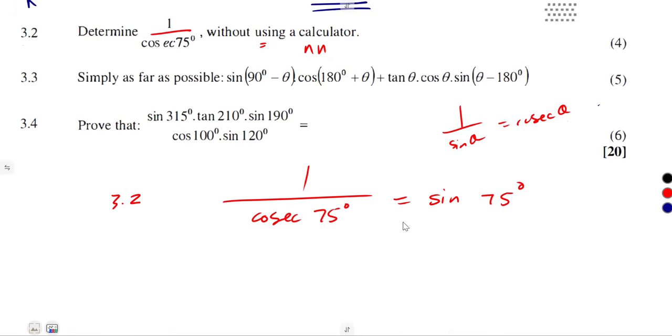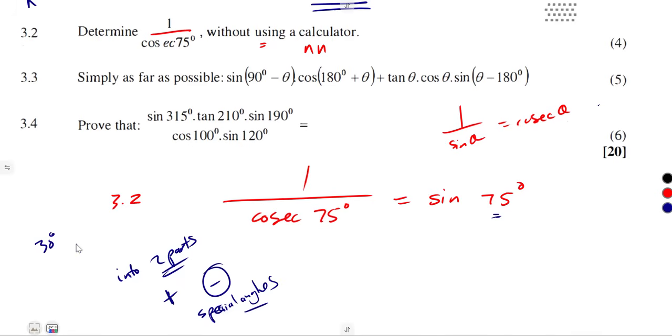Without using a calculator, which concept can we use? How can we split the angle of 75 degrees into two parts? Either by adding or by subtracting two angles that you can use. And those angles are supposed to be special angles because no calculators.